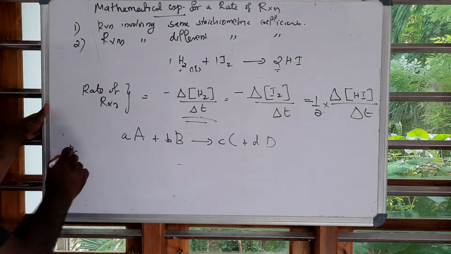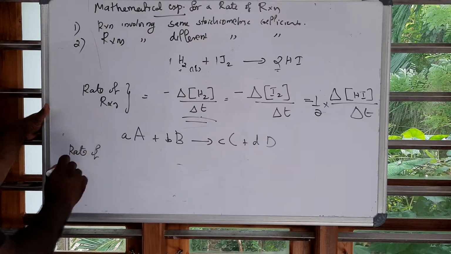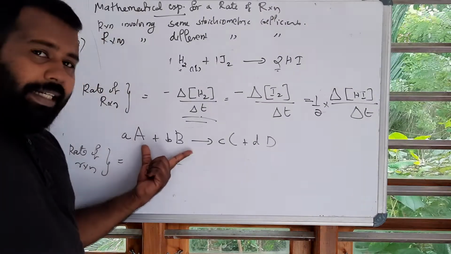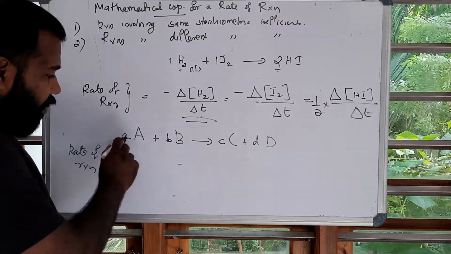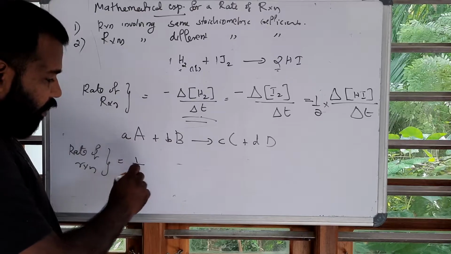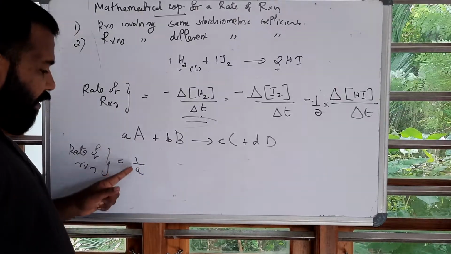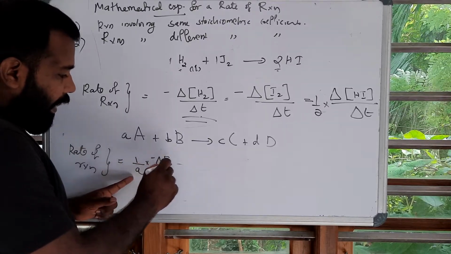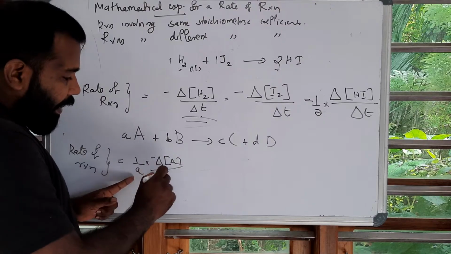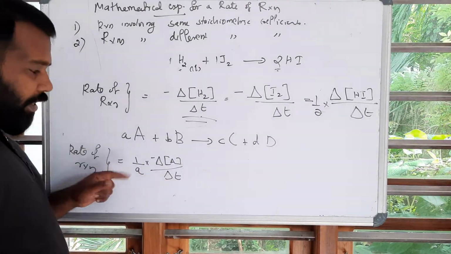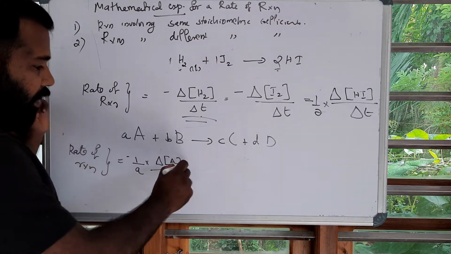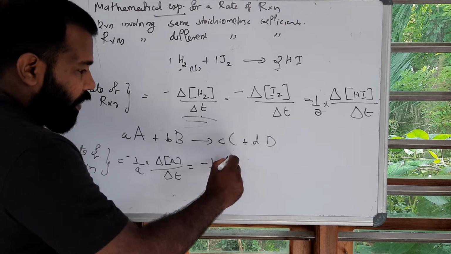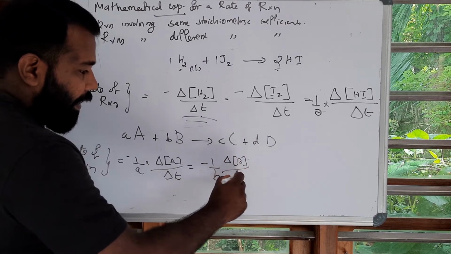So the rate of this reaction is equal to, this is the reactant side, so we need to divide with the coefficient: 1 by a into minus delta concentration of A divided by delta T, which will be equal to minus 1 by b into change in concentration of B divided by delta T.